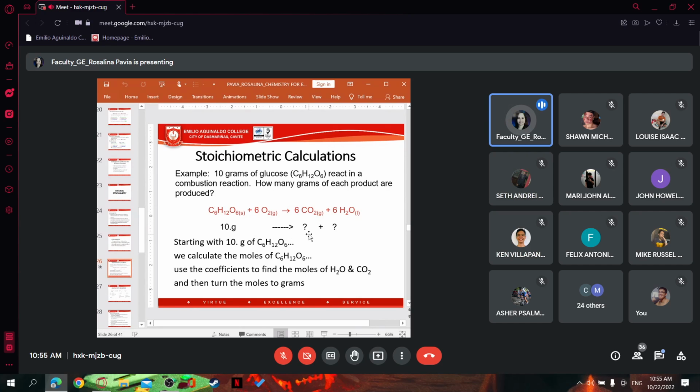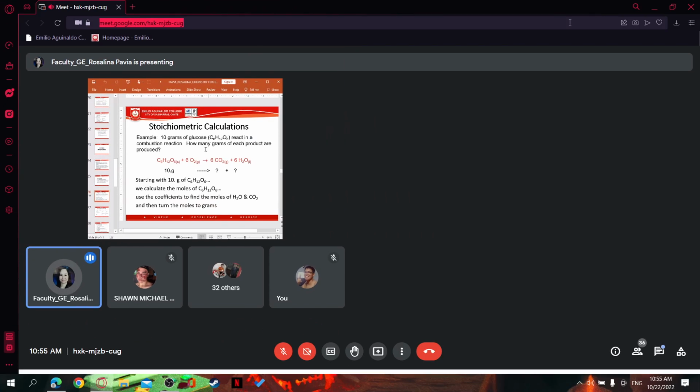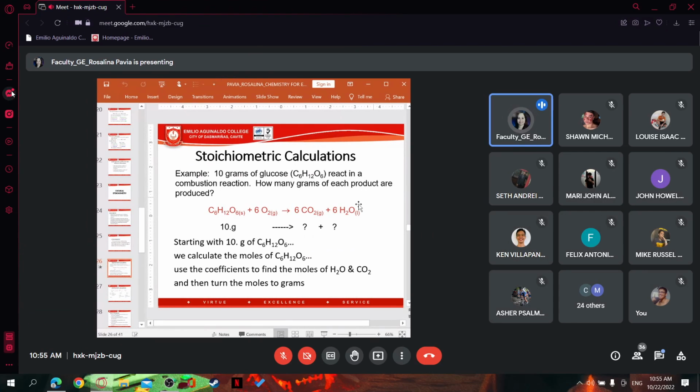Then you will be able to answer the problem by converting for carbon dioxide and water, the moles that you have solved into grams. Kasi ang tinatanong dito is how many grams.